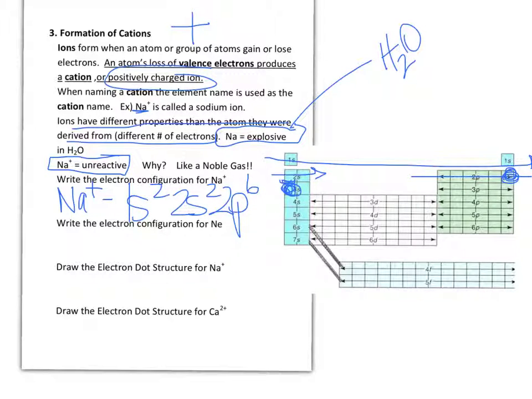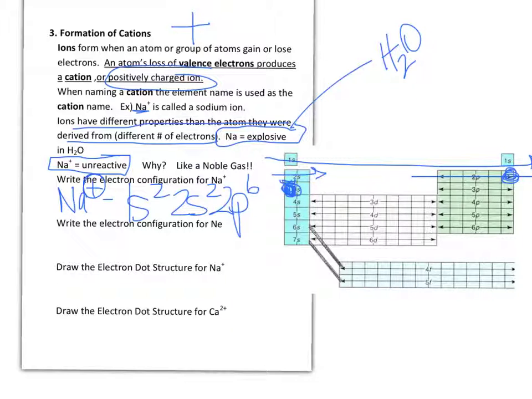So originally, sodium is atomic number 1, 2, 3, 4, 5, 6, 7, 8, 9, 10, 11. And so we would have to account for 11 electrons. However, this is an ion. Sodium has lost one electron.